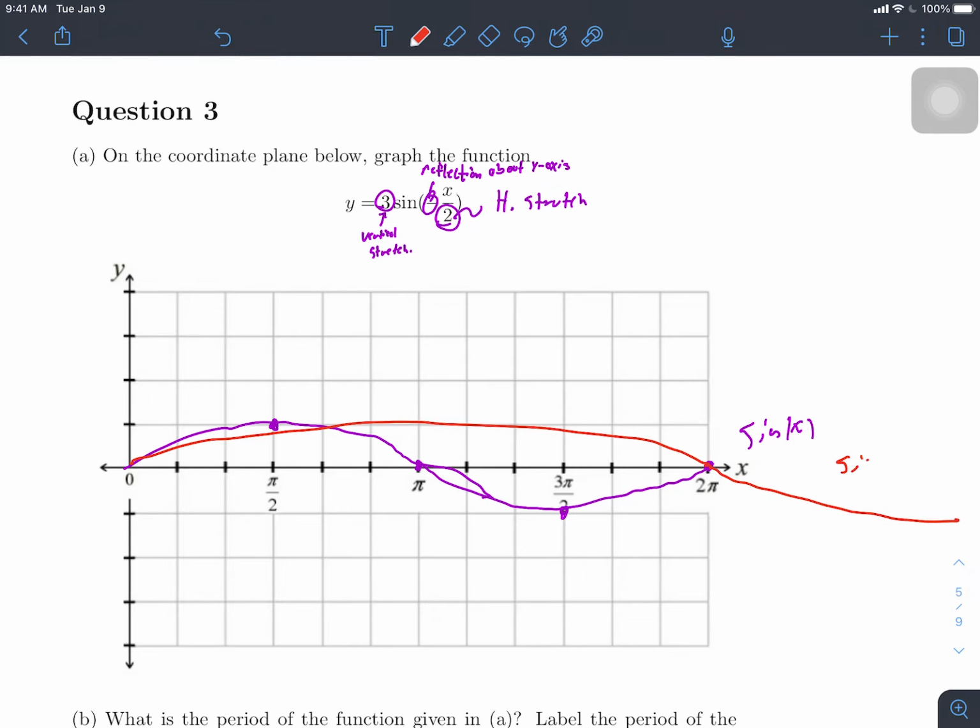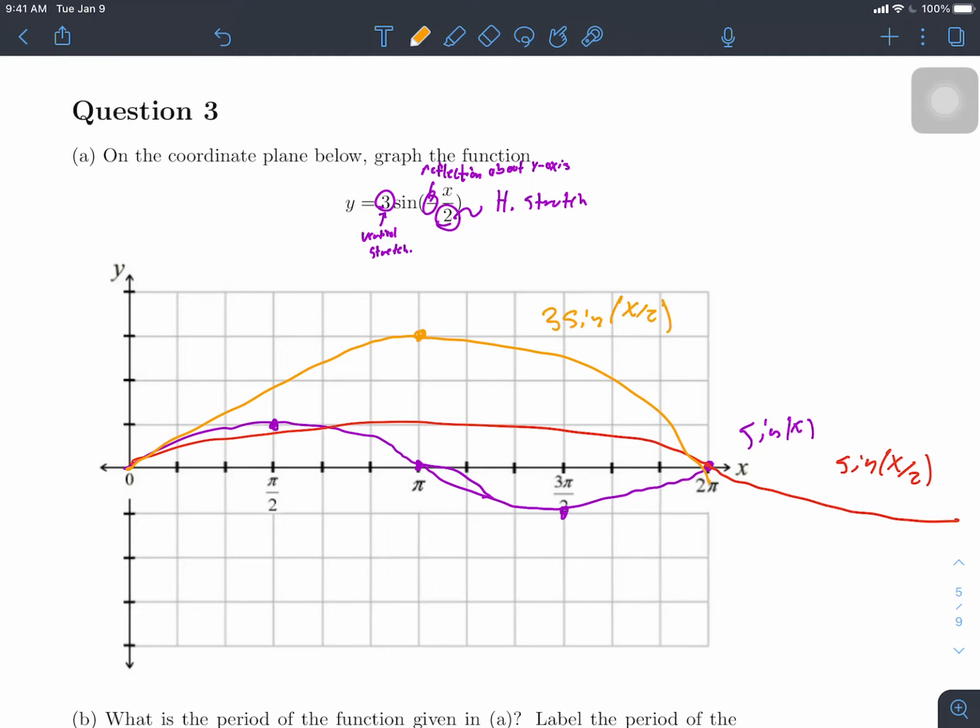So this is sine of x over 2. And then if we multiply by 3 out front, that's going to cause everything to stretch up by a factor of 3. So rather than taking value 1 at pi, we take value 3 at pi. So this is 3 sine of x over 2.